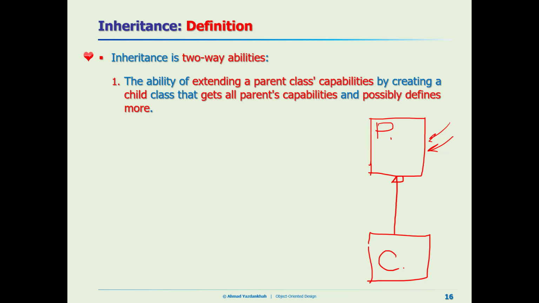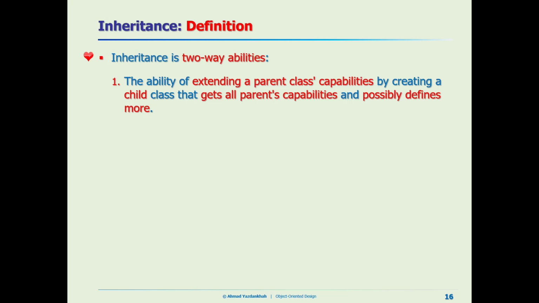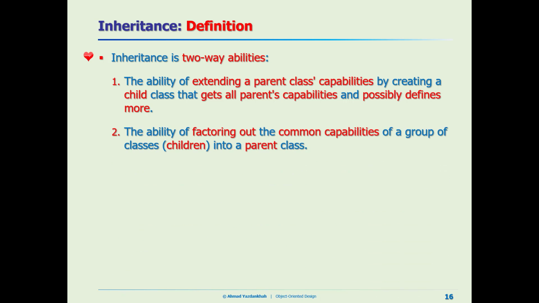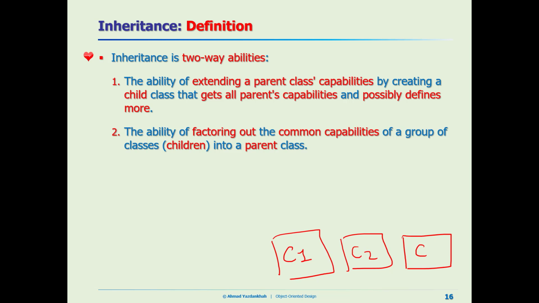What is the second one? The second one is the other way around. What does it mean? We have some classes, some children. Let's call them class 1, class 2, class 3. Then we see some members are repeated in all of them.